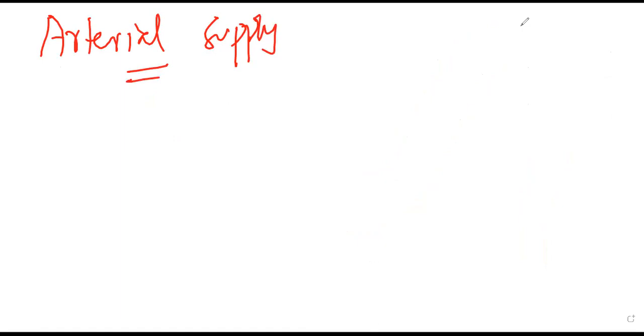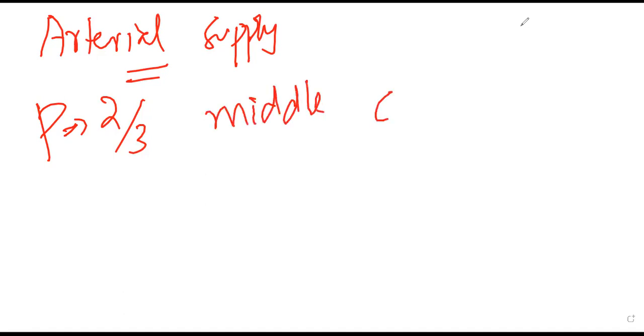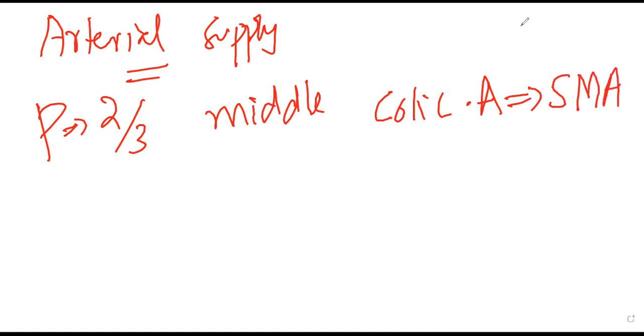So the proximal two-third of the transverse colon is supplied by the middle colic artery, and the middle colic artery is a branch of the superior mesenteric artery.